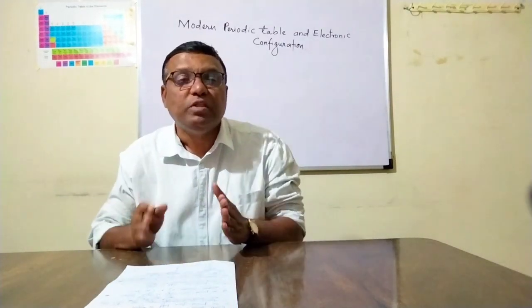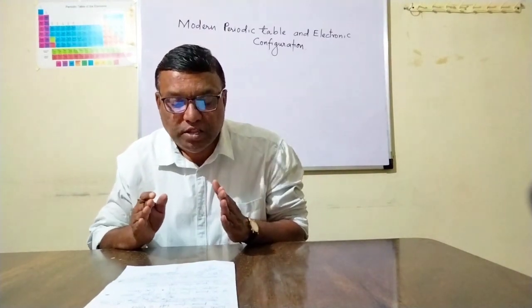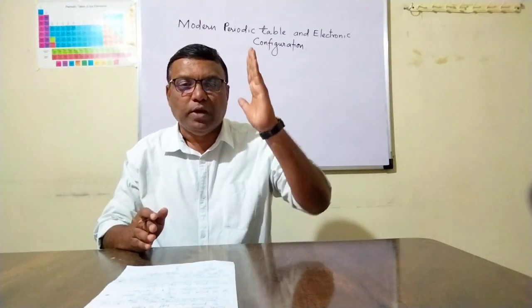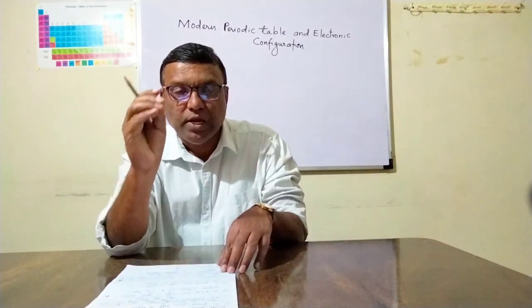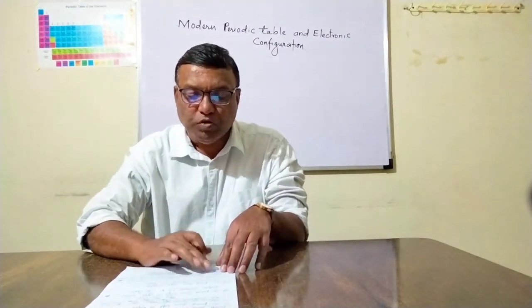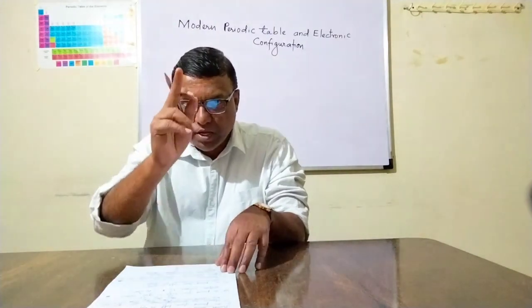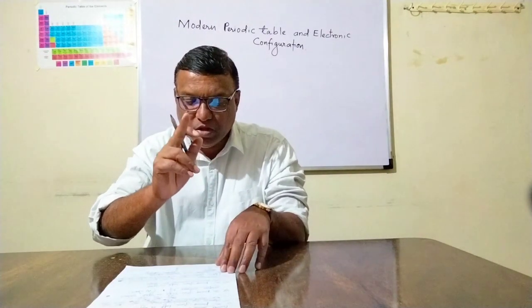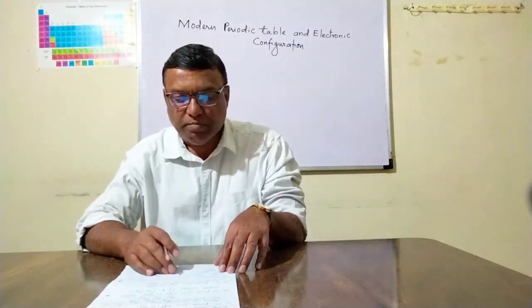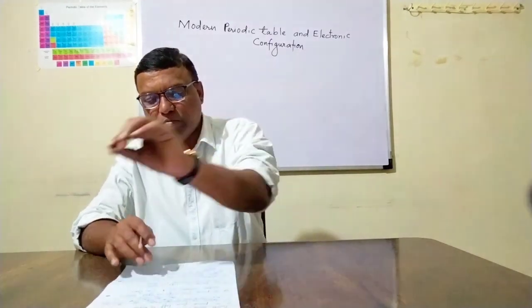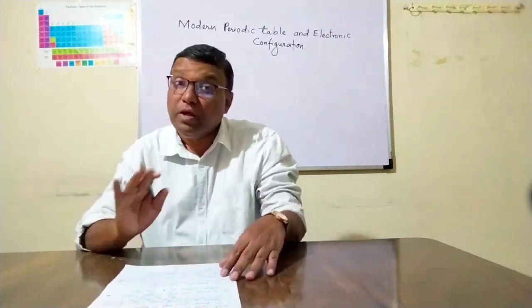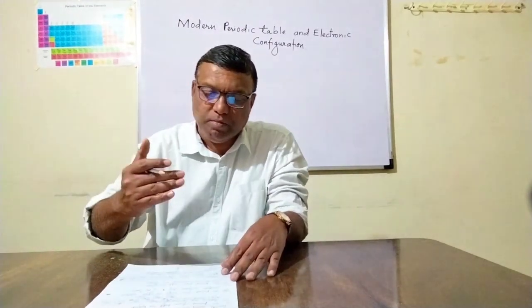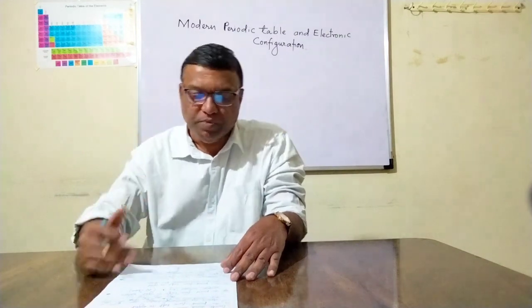What we observe in this period, the important thing, is that as we go from left to right in the period, the number of shells remains the same. This is proved with the example of sodium, magnesium, aluminium and silicon. With the help of the period number 3 example, I have given the explanation.